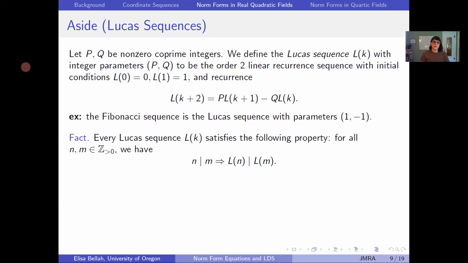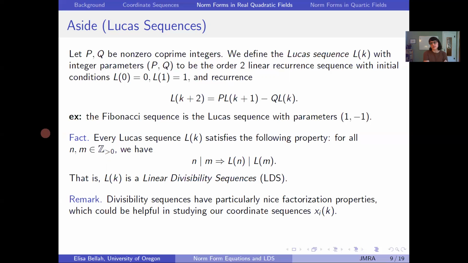Okay, so a really nice fact is that every Lucas sequence satisfies this divisibility property. The property is that if the indices of your sequence divide each other, then so do the terms of the sequence. I'll give this a name. Sequences with this property that are linear are called linear divisibility sequences, which I'll often just abbreviate by LDS.